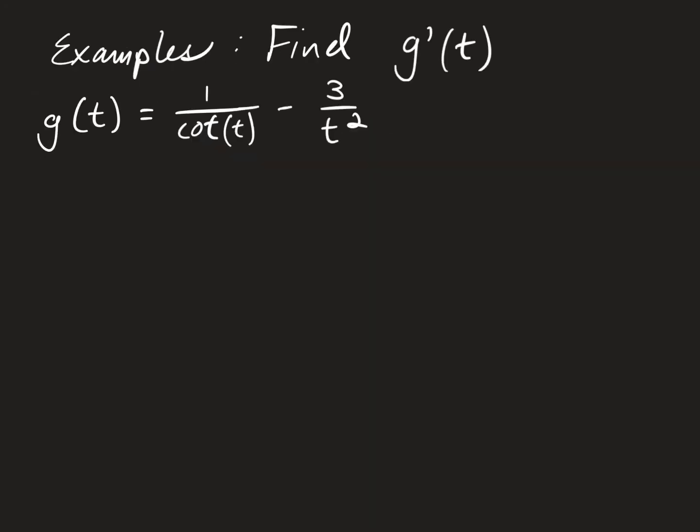Now that you've seen all of the derivatives for the trigonometric functions, we can start taking derivatives of functions that have trigonometric parts scattered about them. For example, we're being asked to find the g prime of t, otherwise known as the first derivative of g of t, which is this function 1 over cotangent t minus 3 over t squared.